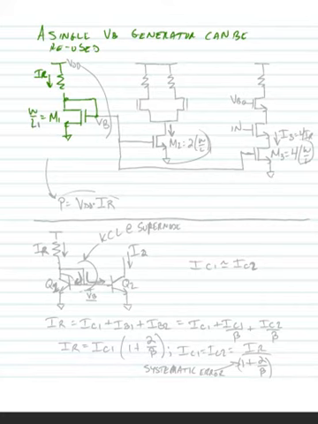Now we might have a couple of different circuits that we'd like to generate bias voltages for. For instance, we might have a differential amplifier. We'll look at differential amplifiers a little bit later in the course. But we bias differential amplifiers with current sources. So here's an NMOS current source.